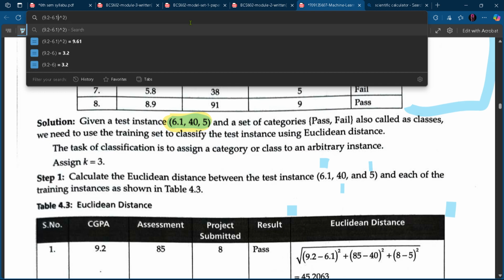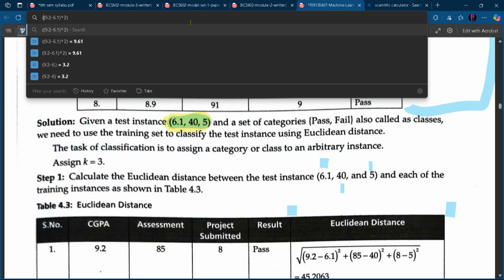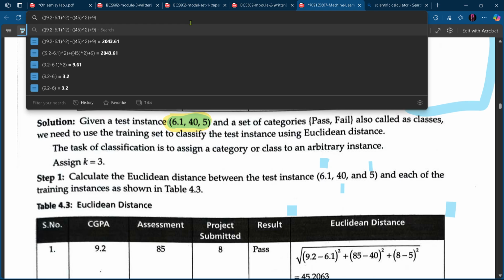I have to put one whole square bracket for that, so this is one part. Then plus, I'll open another bracket: 85 minus 40, I'll just write the direct answer, 45. And then plus 8 minus 5 is 3, so 3 threes are 9. I have to put a square here, one more bracket here. That's it. Now I can copy this.